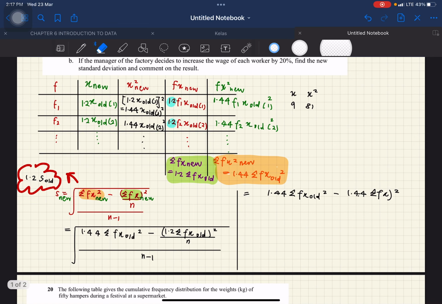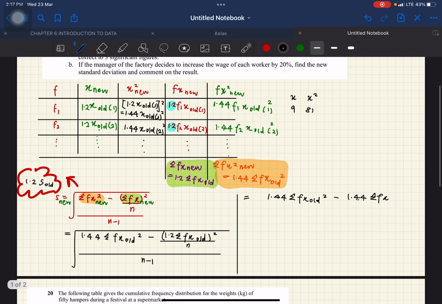Okay, saya akan tulis lama supaya kita tak confuse. This is the old value square. Okay, and then overkan dia dengan n, over lagi dengan n minus 1.